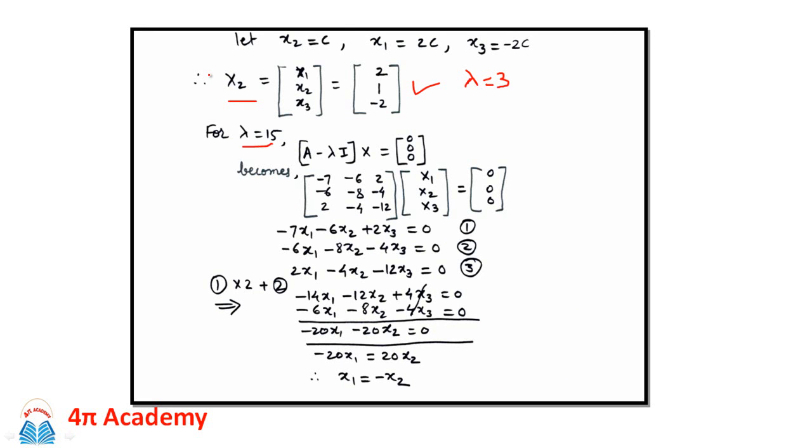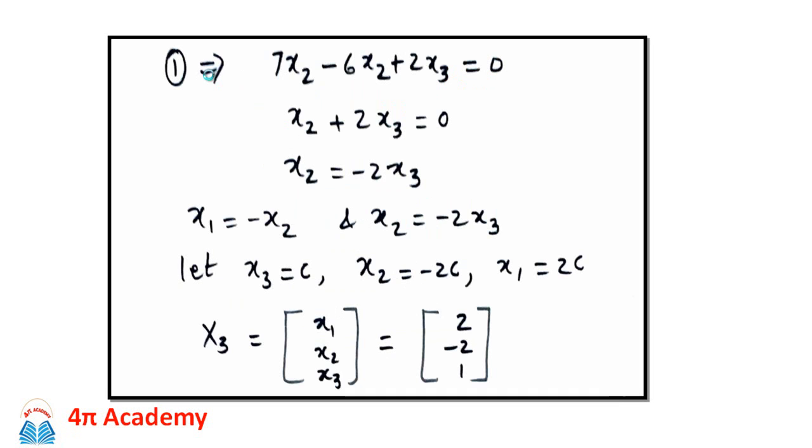And for lambda equal to 15, again we follow the same process to find the eigenvectors, and we get the eigenvector x3 as x1, x2, x3, which is equal to 2, minus 2, 1. So these are the eigenvectors for the eigenvalue lambda equal to 15. So we have now calculated the eigenvectors for each eigenvalue.